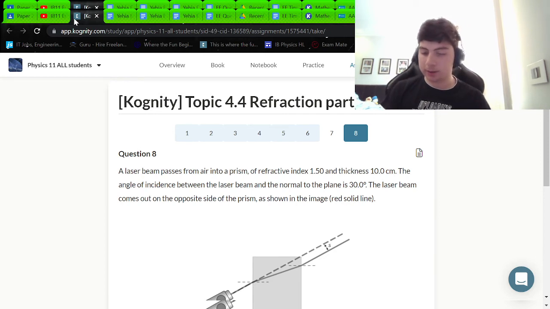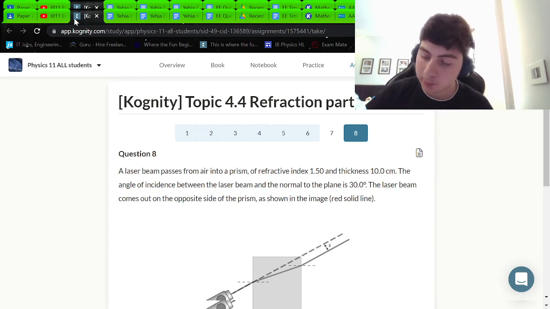So I'm kind of lazy, so I'm just going to use numeric solver because why not? 2 equals 3.5 over sine of x. It'd be 14.4. So 14.47.